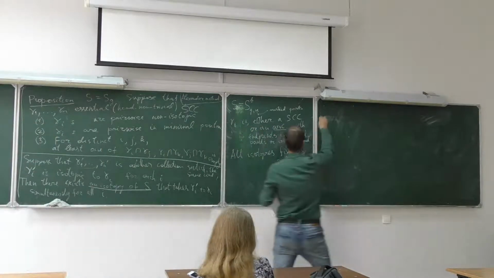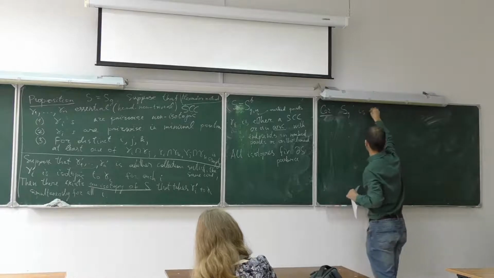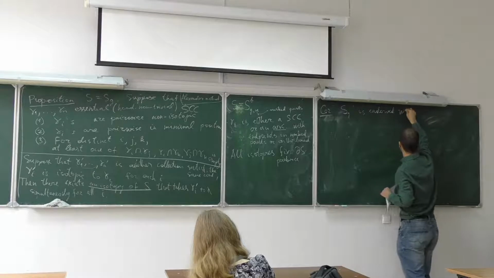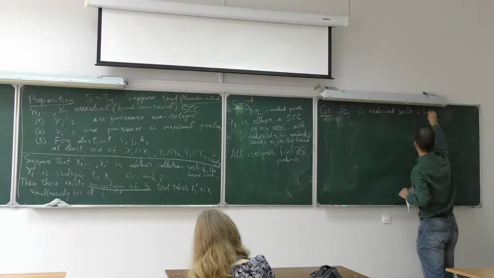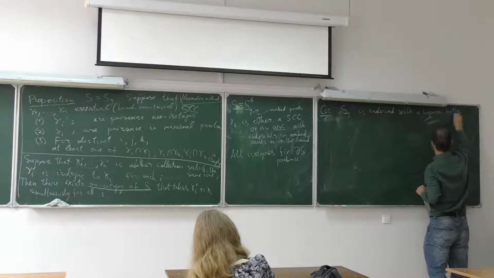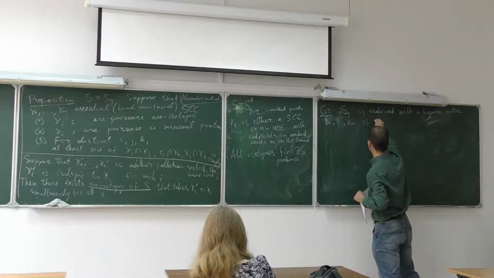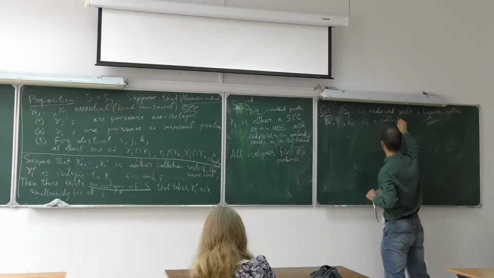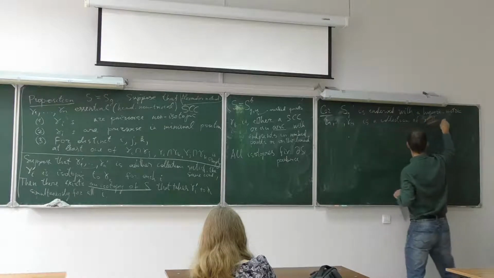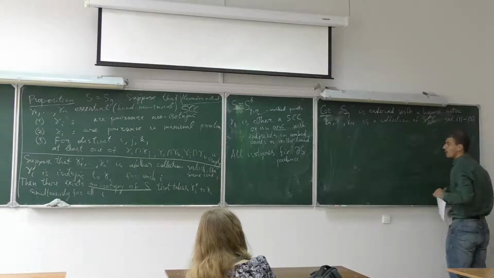Corollary: suppose that S is endowed with a hyperbolic metric, and suppose that gamma 1, ..., gamma n is a collection of simple closed curves satisfying these conditions 1 through 3.